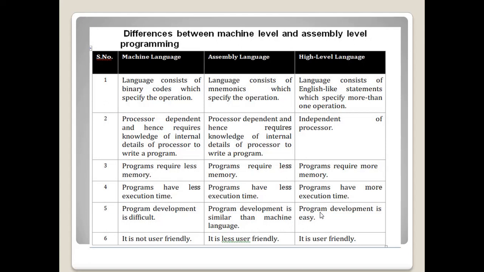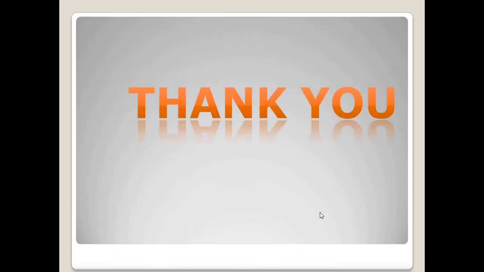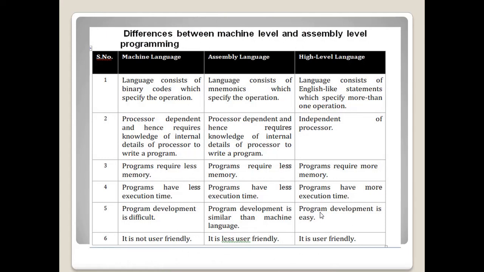Next we see the differences between machine language, assembly language, and high level language. The first difference is that machine language consists of binary code which specifies the operation.